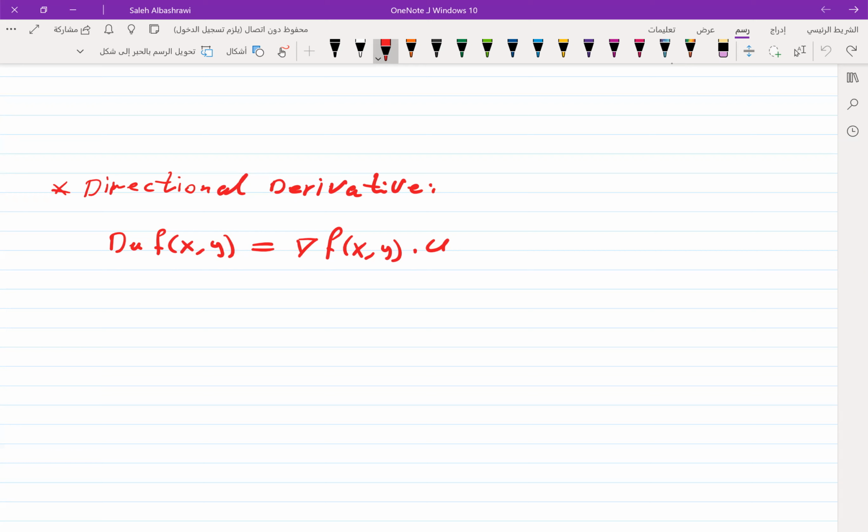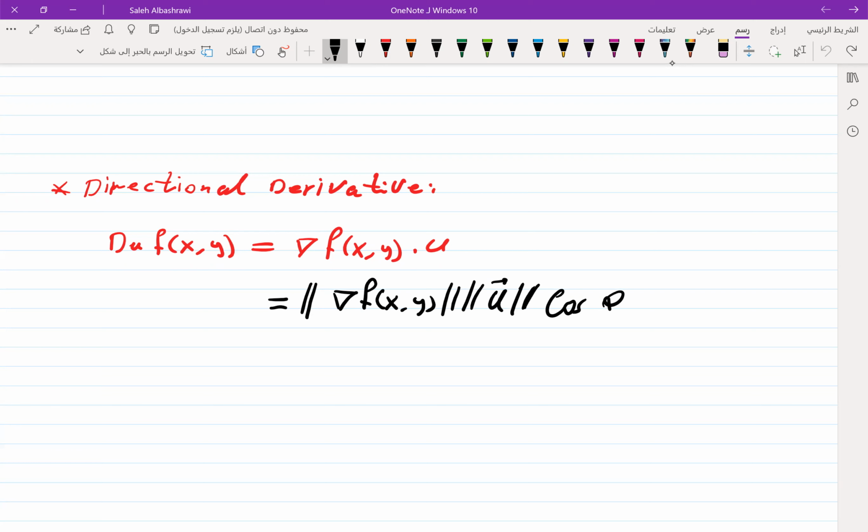When we say the dot product of the two vector functions, gradient dot u, we have another form or formula for this one. This is equal to the magnitude of the gradient multiplied by the magnitude of the unit vector multiplied by cosine theta.